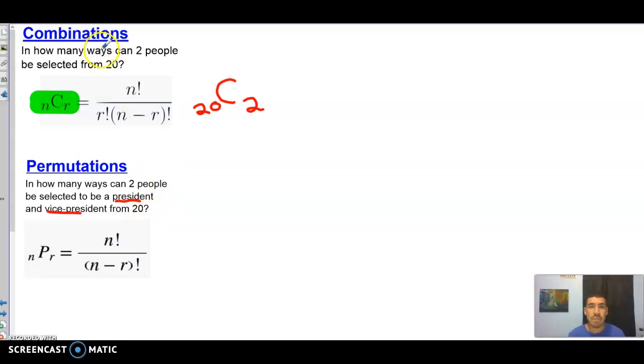The previous problem simply told you select 2 out of 20. That was a combination. The permutation is selecting 2 out of 20, but one of those 2 will be the president, the other the vice president. Big difference. In this one, the order does matter. You know why? The president does not do the same job as the vice president. Therefore, the order does matter.